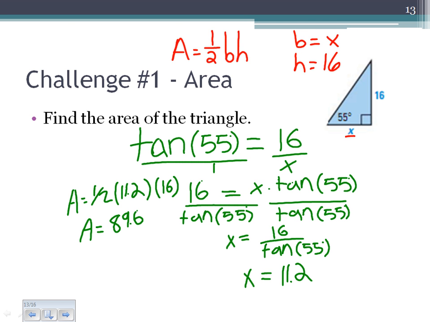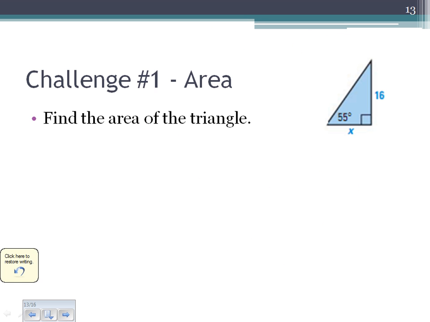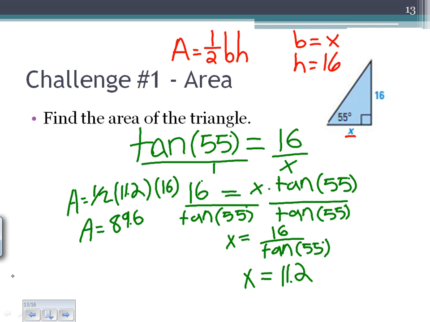Take a look at Henry's work, please. So first he set it up. Tangent of 55 degrees is equal to opposite over the adjacent, which is 16 over x. And then he cross-multiplied, so he got 16 equals x times tangent of 55.